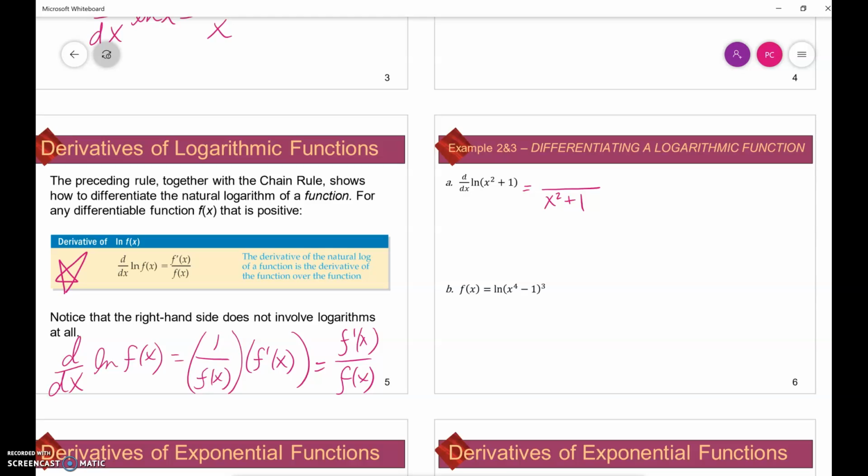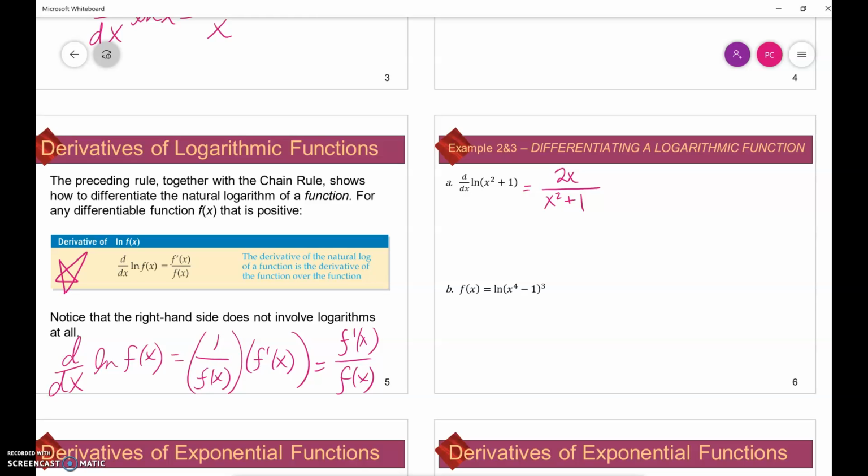The top of that fraction is the derivative of that function. So the derivative of x squared is 2x, and the derivative of 1 is 0. And then you're done. Okay? That's all we're doing. And once we take that derivative, you'll notice that there's no logarithm left. So when you take the derivative, the logarithm is gone.